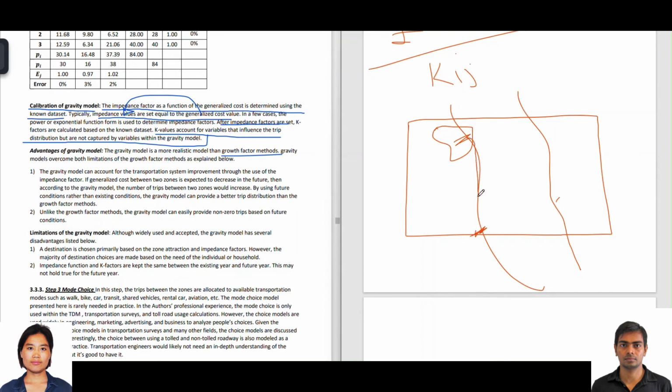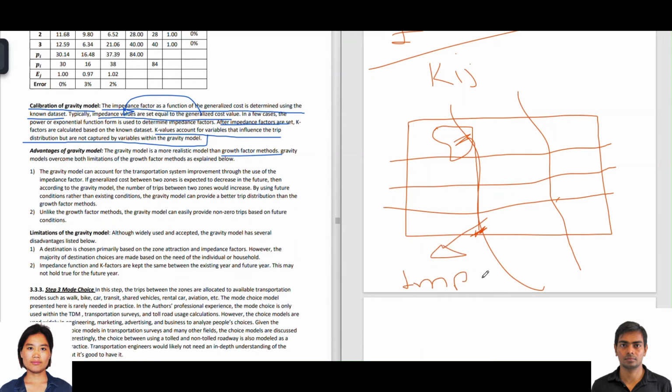So based on the travel time, travel cost we are expecting, we can account for the transportation changes that are going to happen in future to calculate the new travel time, new generalized cost, and then account them to generate the impedance matrix.